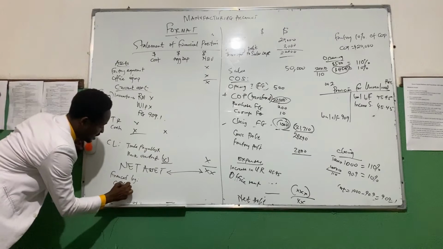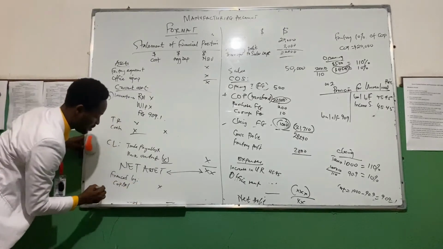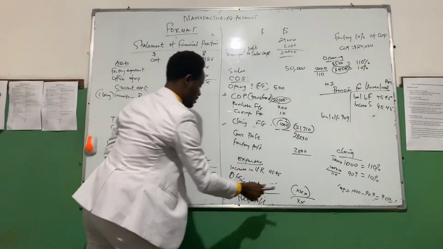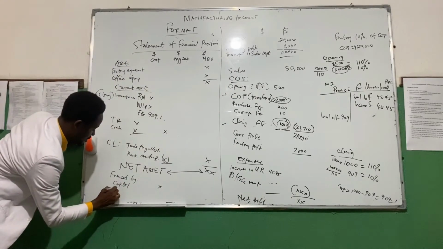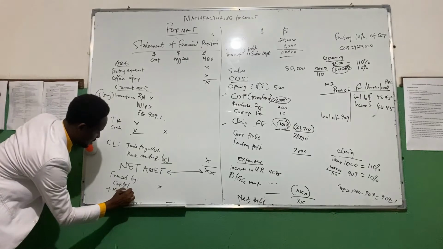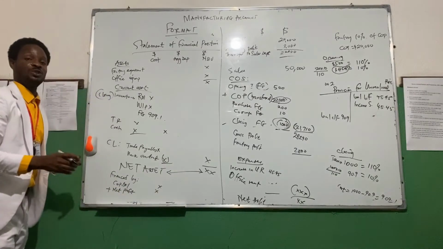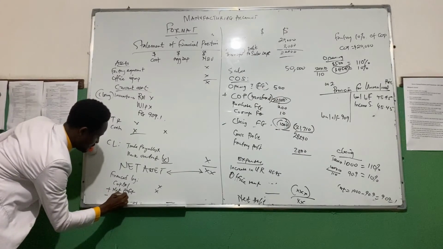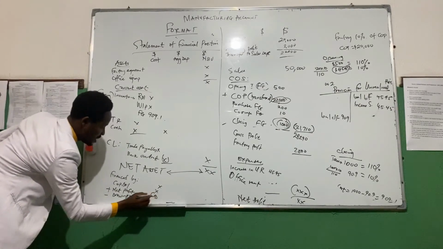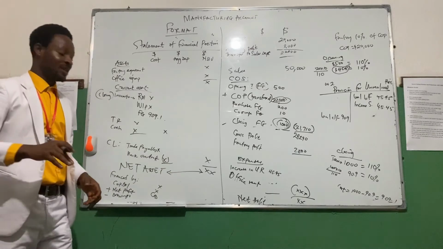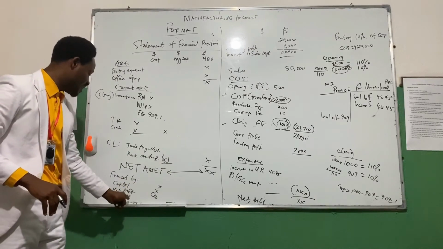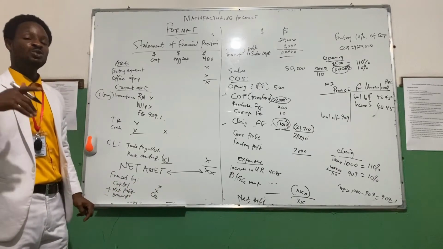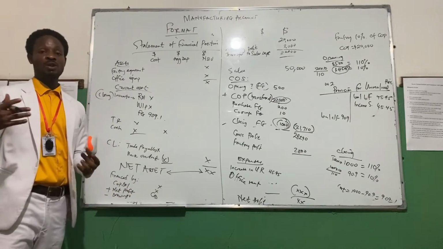The capital at the beginning, which is your opening capital, then you add the net profit we got here, plus net profit, then you deduct drawings. To the answer you get after you have added net profit and deducted drawings from capital, you now add non-current liabilities like long-term loans.